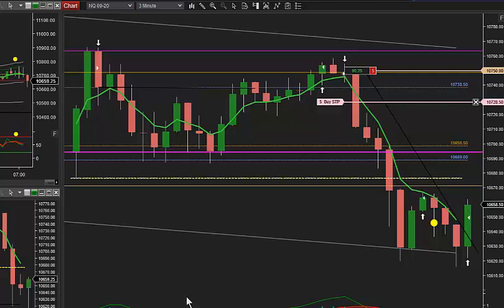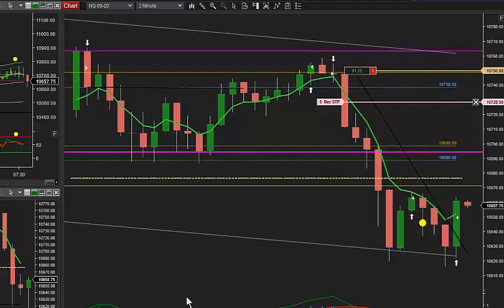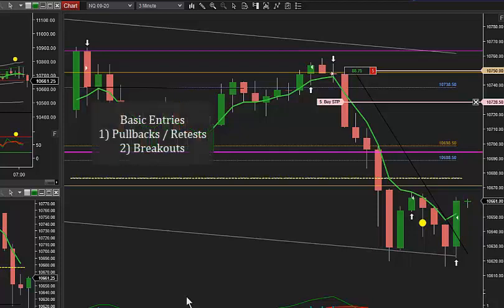Back when I was talking about the character of stocks and tickers, along the same lines, you're going to find that some tickers work better for breakouts than others. The NASDAQ is a great example of price action that usually does not favor breakouts.